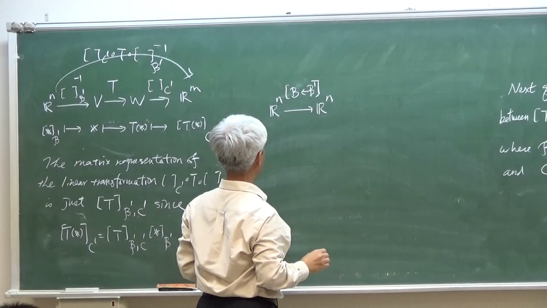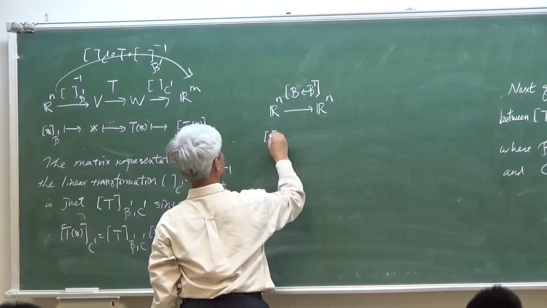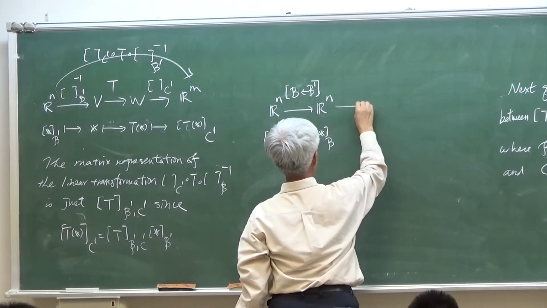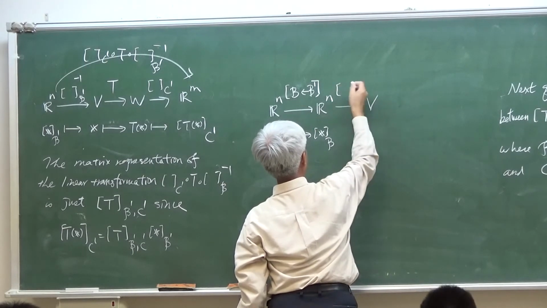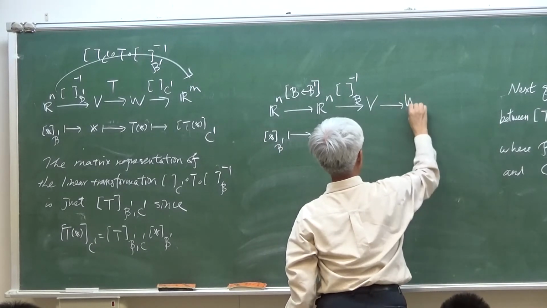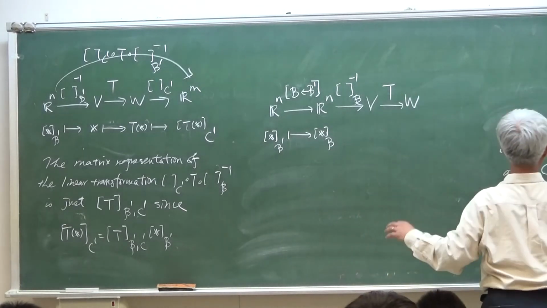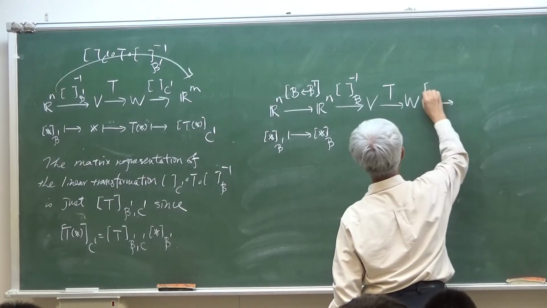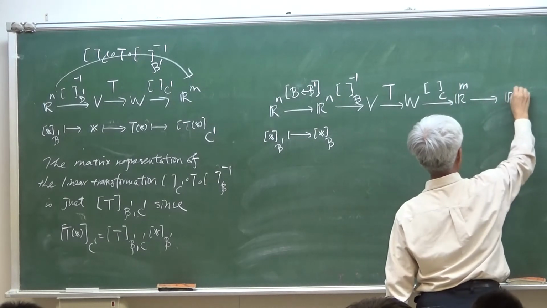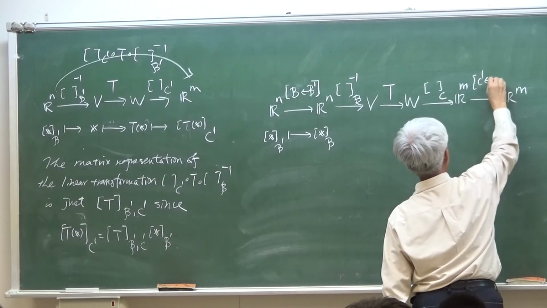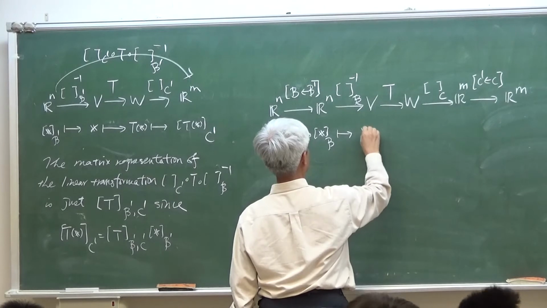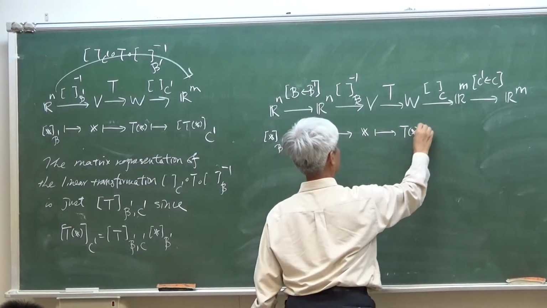From here, B, I keep track, and then go to V, and then go to W, and then go to C, and change the coordinate. So we go to X, and go to here.